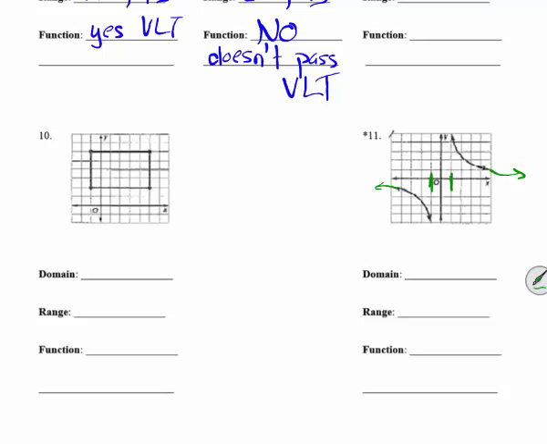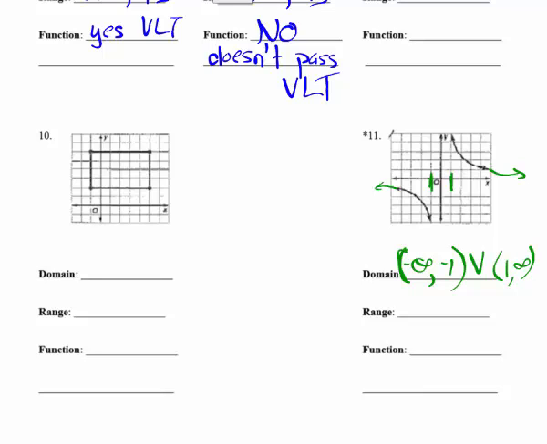So we're going to have 2 sets for this, a lot like when we do our increasing, decreasing, positive, negative things. So this is going to be from negative infinity, oh Lord, that should be a soft, to negative 1. Now it's never going to actually touch the negative 1, so that's going to be a soft bracket. And then it's going to go from 1 to positive infinity. All right, same idea with my range.